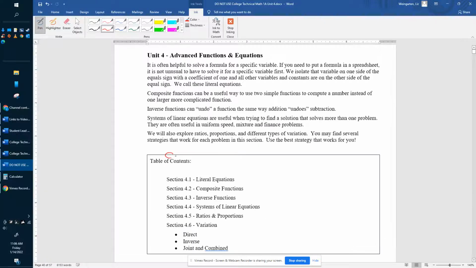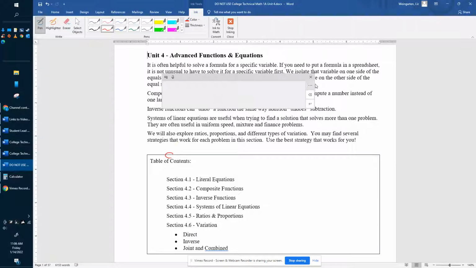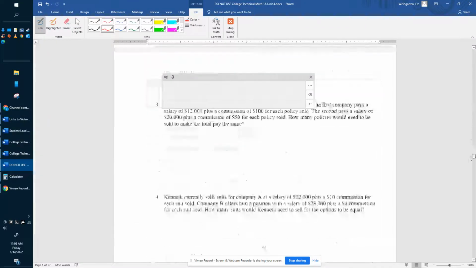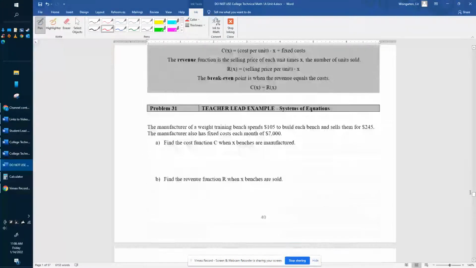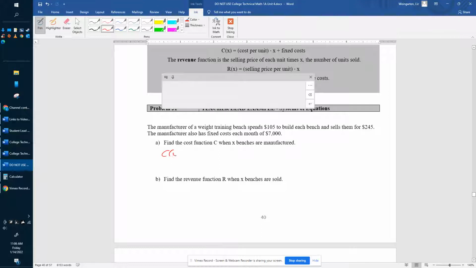So we're going to do C of X equals cost per unit, which is 105, times the number of units being built, plus any fixed costs, 7,000.